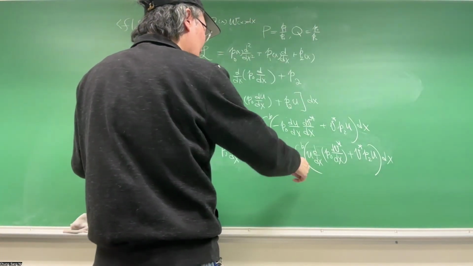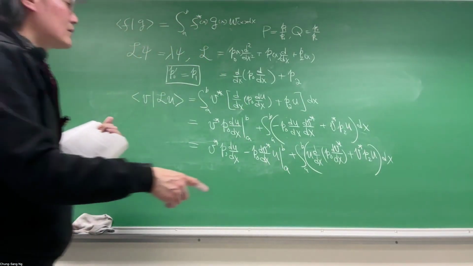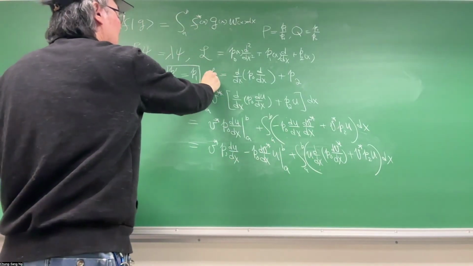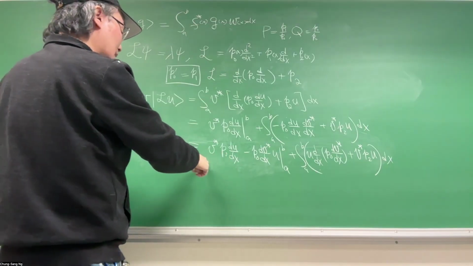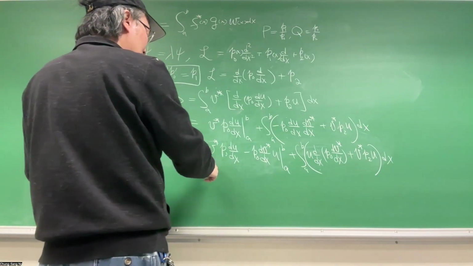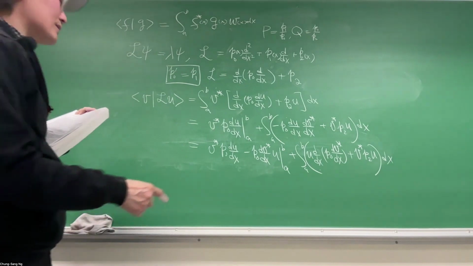Now you can see that this term can be written using the same differential operator, right? And to require it to be self-adjoint, you will need the boundary term to be 0. That is the usual case that we consider, although it's not always.